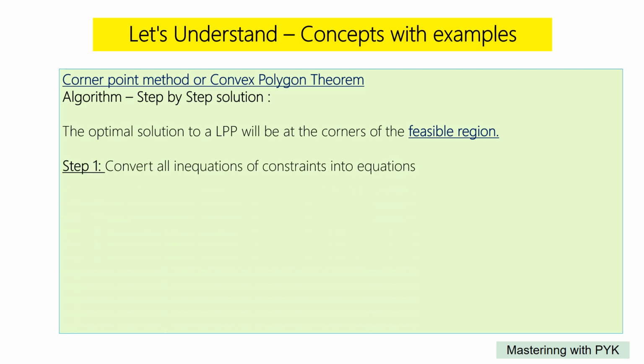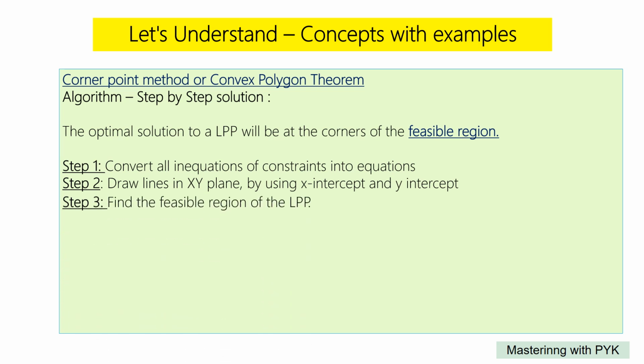Right? So step 1, what we do? We convert all inequalities into equations, or equalities, to solve. Then we draw the xy plane, x-intercept and y-intercept. This means we put x as 0, find the value of y, we take y as 0 and find the value of x.